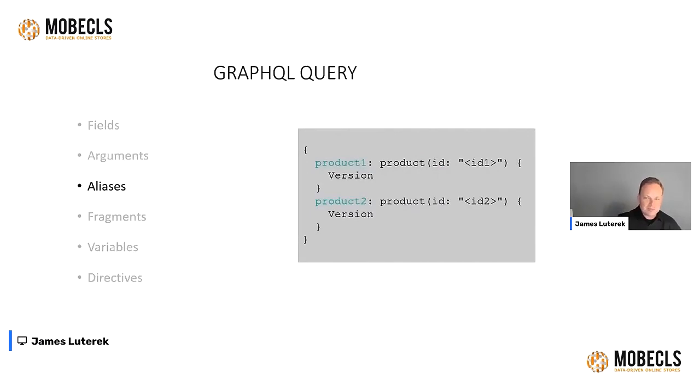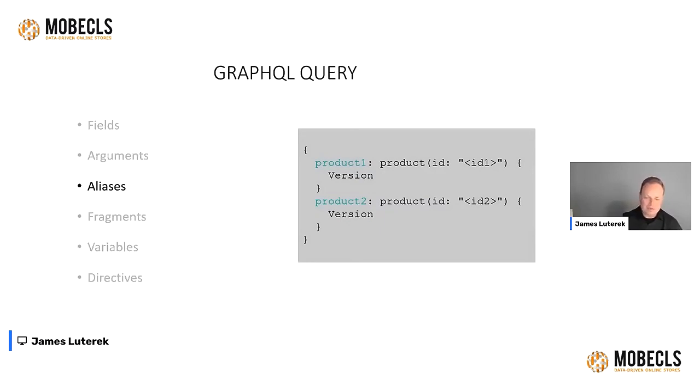Next up is this concept of aliases. And the idea of an alias is you're naming the thing that you're asking for. You're giving it a name when you ask the server, and the server is taking that name and attaching it back to the response. And that name could be anything, product one, ASDF, any string you want to throw in there could be your alias. And the question I get is, why do you need an alias in the first place?